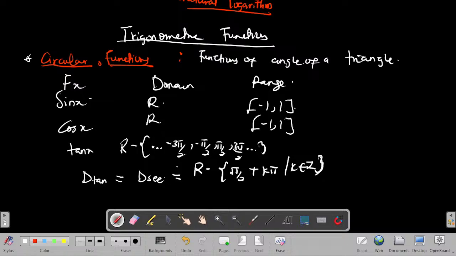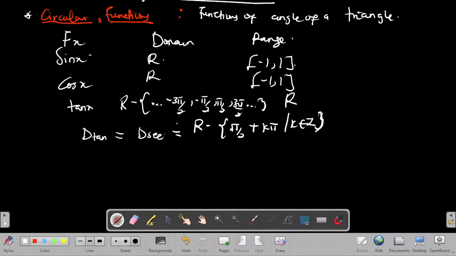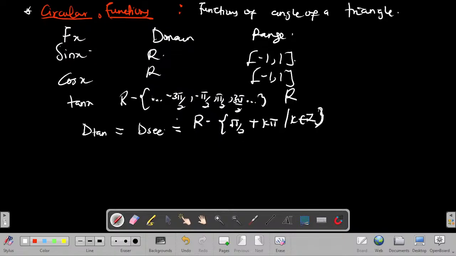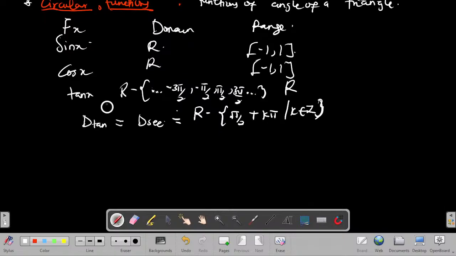The output of tan. Please, tan can produce any output, can even give infinity. So tan has the set of all real numbers for its range.